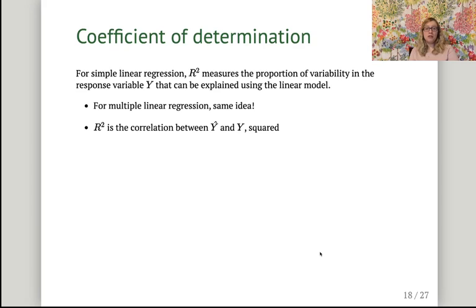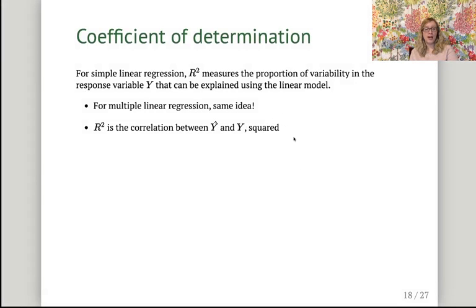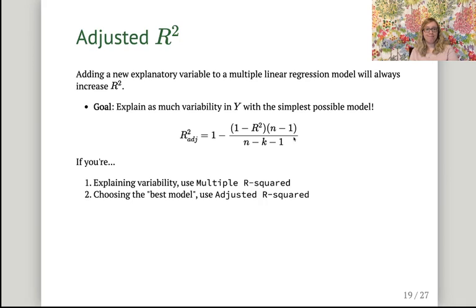However, in a multiple regression setting, we have more than one explanatory variable. So what do we do? Instead of focusing on the relationship between a single explanatory variable and y, we find the correlation between the predicted values y hat and the observed values y, and then square that to measure the coefficient of determination.